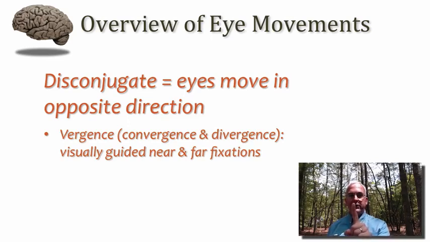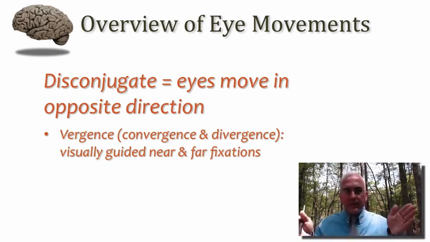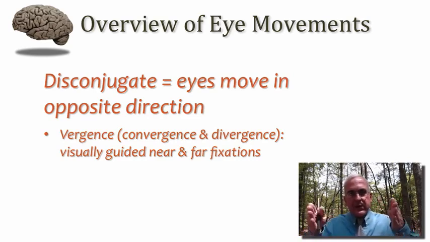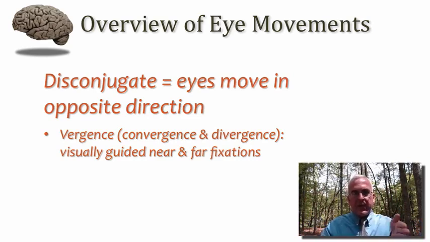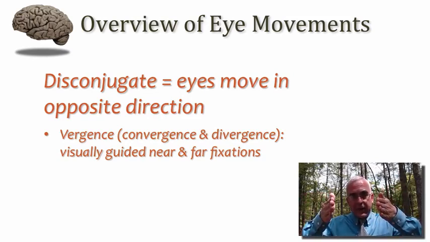Well, I doubt you can see what my eyes are doing, but I know what they are doing. As I go to focus on a distant target, the eyes rotate outward, and when I go to focus on the near target, my fingertip, my eyes rotate inward. So the eyes are moving in different directions. In order to go from outward to inward, the left globe needs to rotate in the adduction direction towards the midline, which would be a rotation to the right.